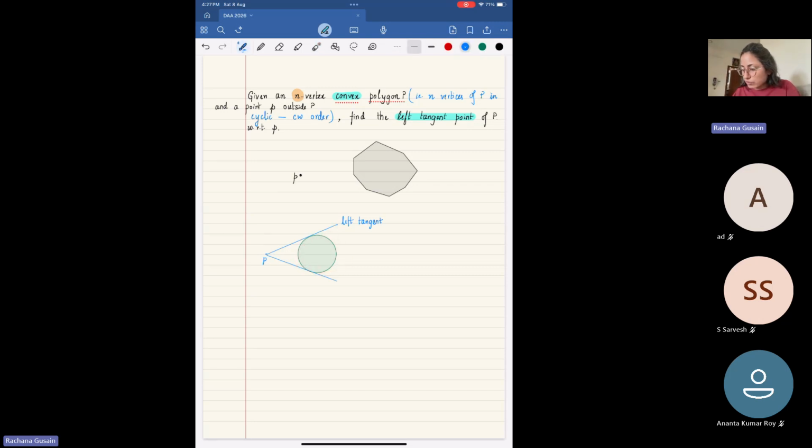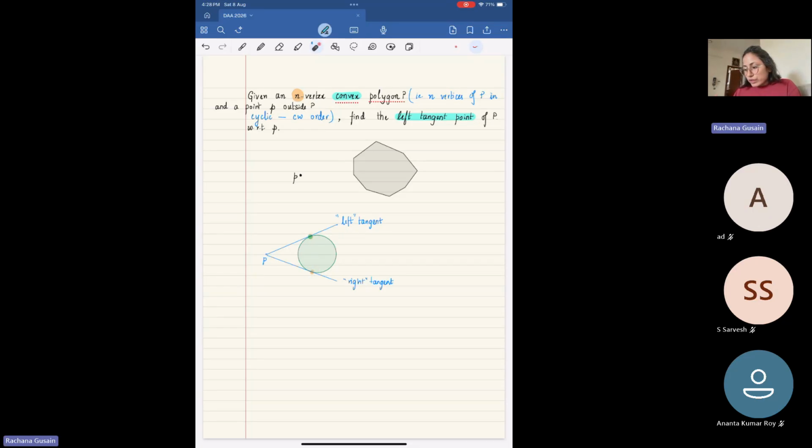Even if it is not standard terminology with respect to circles, I'm calling it a left tangent because the circle is to the right of it. And similarly, I'm going to call this tangent the right tangent because this circle is to the left of this tangent line. And the points where these two tangents touch the circle are the left tangent point and the right tangent point. So this one is the left tangent point, this is the right tangent point.